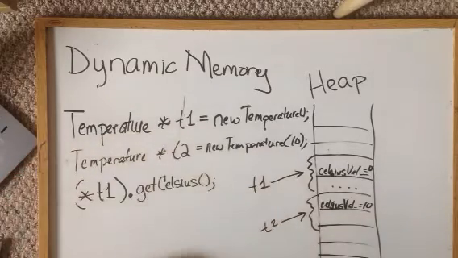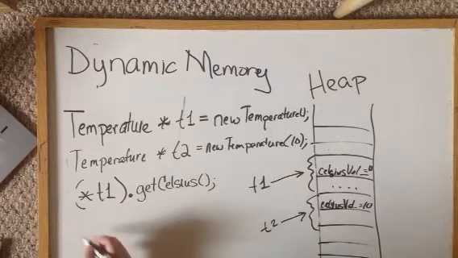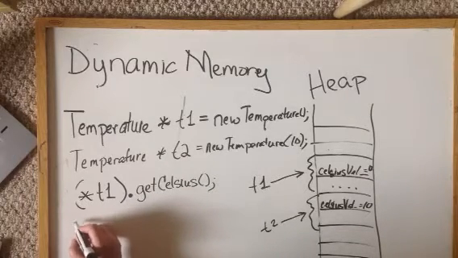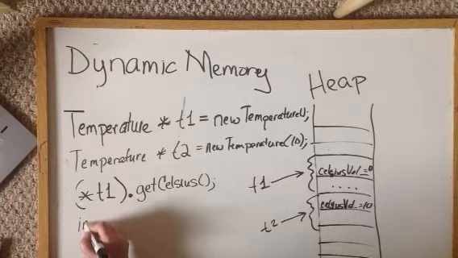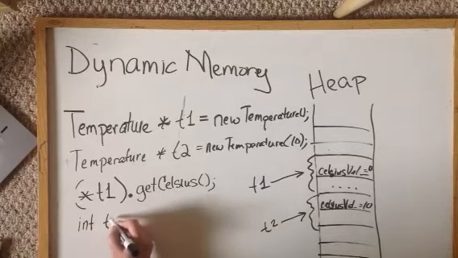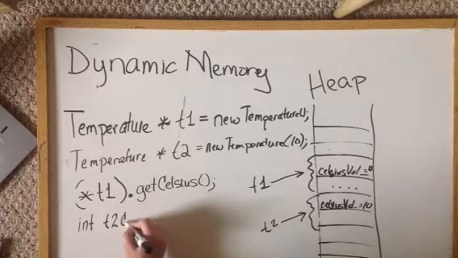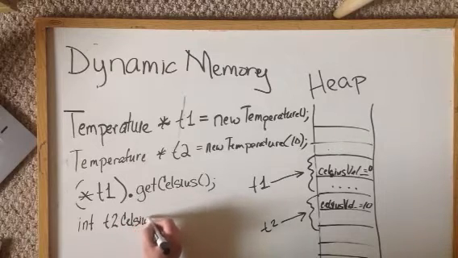And so let's look at another example where we actually create a place to keep that. So let's create an int, and we'll call it our T2 Celsius value.